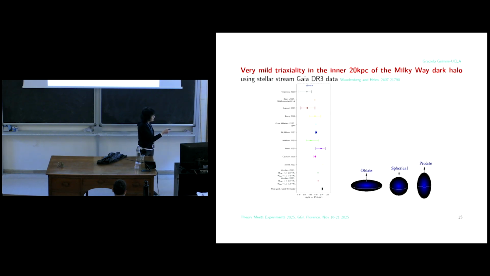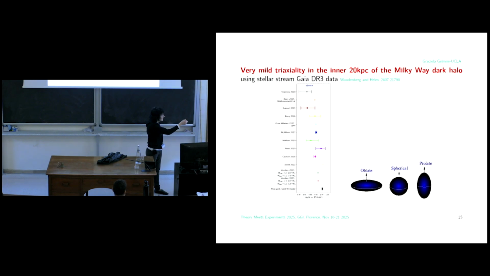And they find that it is very mild. This is their result. So on this side, this is Q. This is a parameter that indicates how oblate or prolate it is. Oblate is like this, and prolate is like that. I always make a mistake between oblate and prolate, so that's why I put the picture there. So oblate would be here.